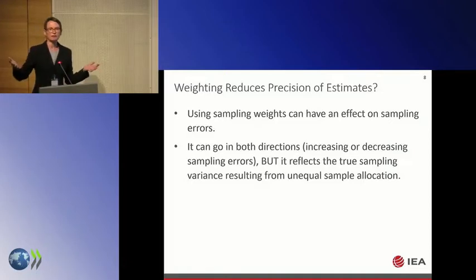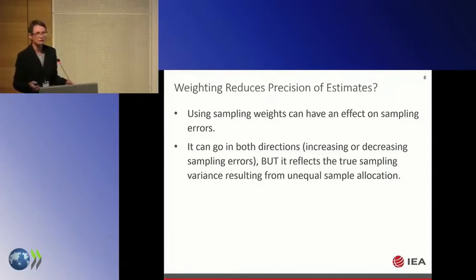In a stratified design, you don't have an equal distribution of the sample to the different strata, or at least this can happen, and this is done very often. So if you would not use the weights, then the estimated sampling errors would be biased.